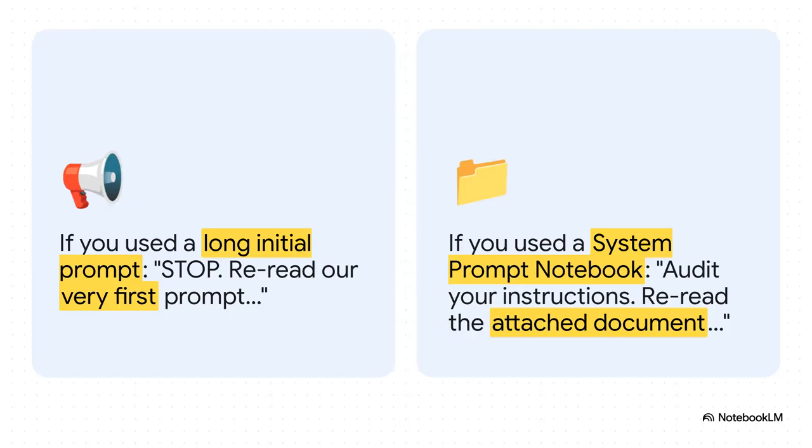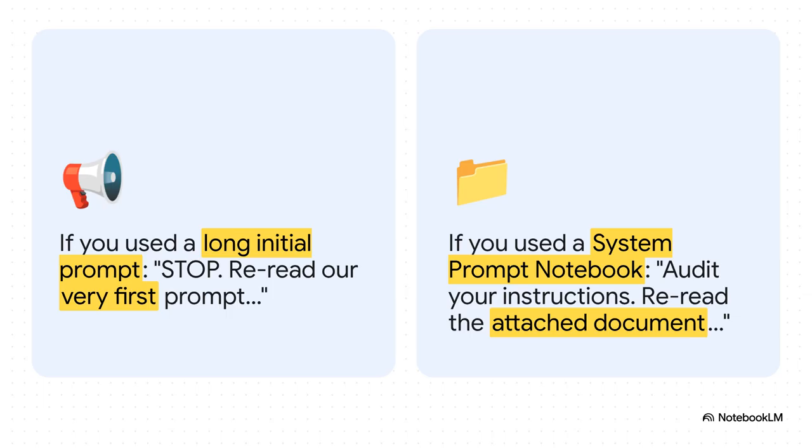Now, as you can see, there are two main ways to issue this refresh command, and it really just depends on how you started your conversation. If you kicked things off with a big, detailed prompt right in the chat window, you're going to use a direct command, like the one on the left. You forcefully tell it to stop and reread the very first prompt. But if you're using an attached document, like a system prompt notebook, you tell it to audit its instructions by rereading that specific file.